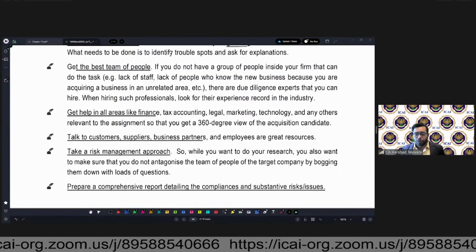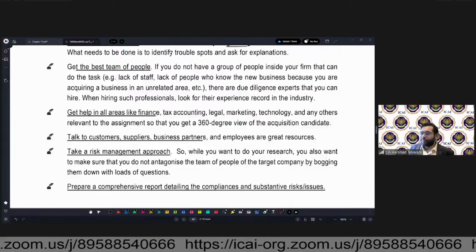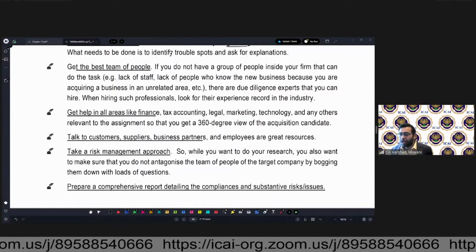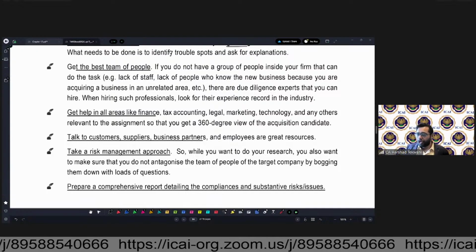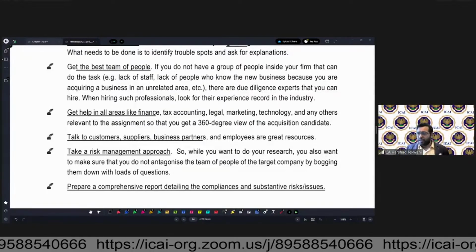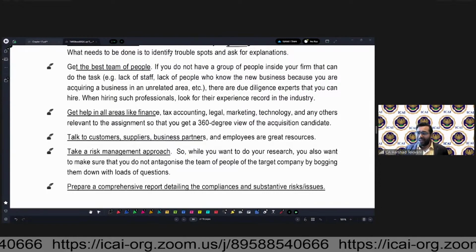When I talk about the scope of investigation, it totally depends upon the subject matter that you are investigating, unlike the audit, which has a predefined scope. Timing, again, is not defined. In audit, you have an annual cycle, but here you don't have a defined timeline.